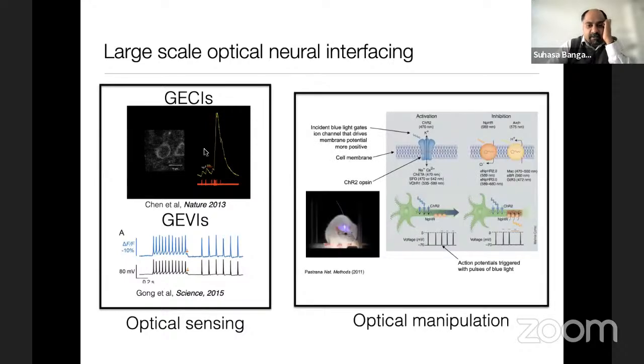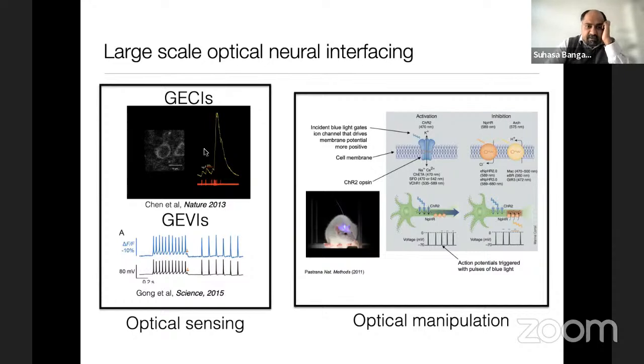And complementarily, we have these really nice tools that allow us to very precisely stimulate or silence genetically defined populations of neurons using optogenetics. So optics is a really nice way to think about interfacing with the brain.